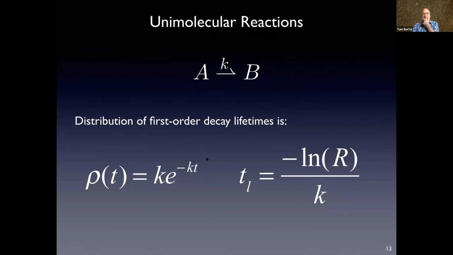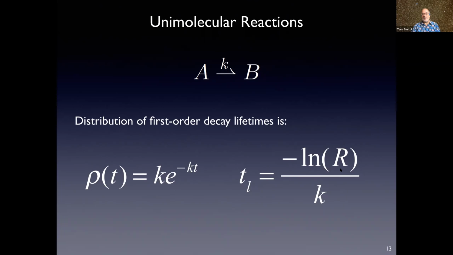And here I'm just stating again things that Jim talked about yesterday. So the distribution of first order decay lifetimes is given by K e to the minus Kt. And if we sample this with a random number generator to sample a lifetime of a single particle undergoing this process, we can write it this way.